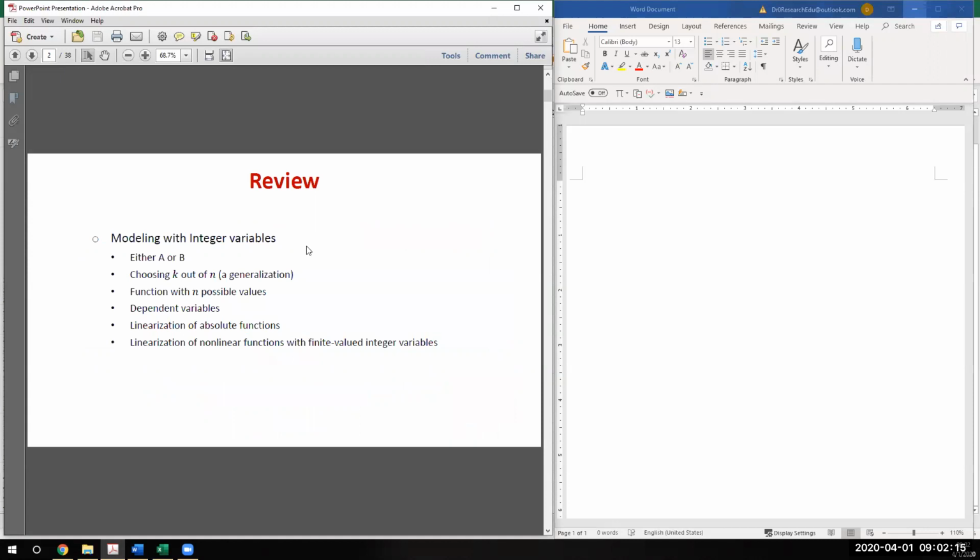A very quick review of lecture 8: we introduced the following modeling tricks: either A or B, choose K out of N, which is a generalization of either A or B, equivalent to choosing one out of two, and a function with n possible values, dependent variables, and also linearization of absolute functions, and linearization of nonlinear functions with finite valued integer variables.